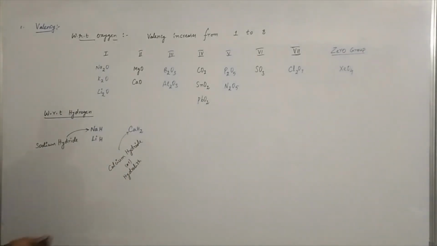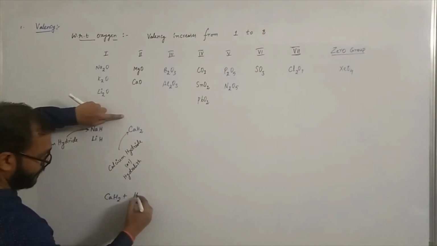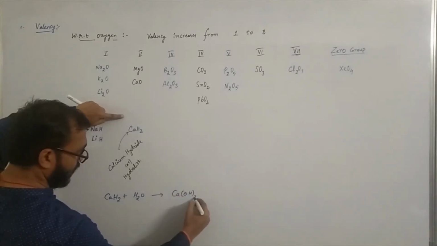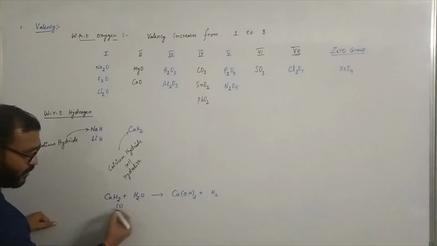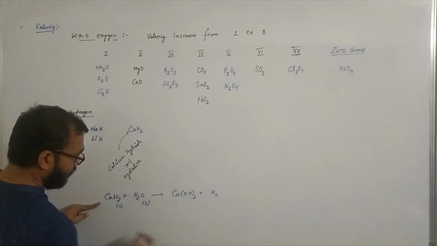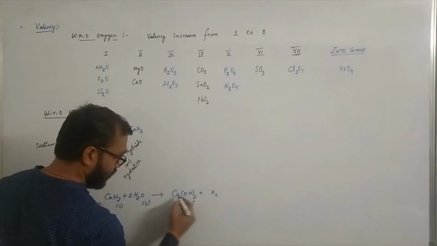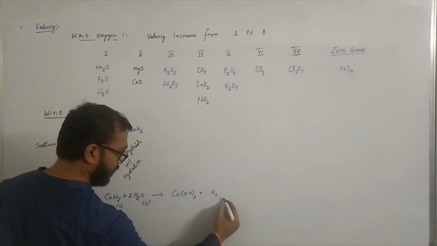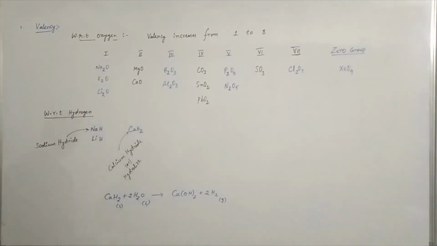The reason is calcium hydride reacts with water to form calcium hydroxide and hydrogen gas. Calcium hydride is a white colored solid, reacts with water to form calcium hydroxide, which is soluble in water, and hydrogen gas is liberated. So balance it. I think now the reaction got balanced.